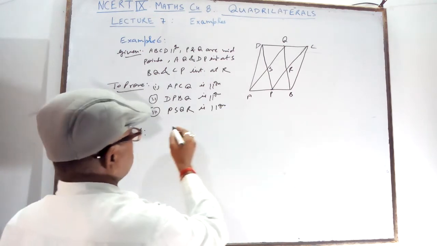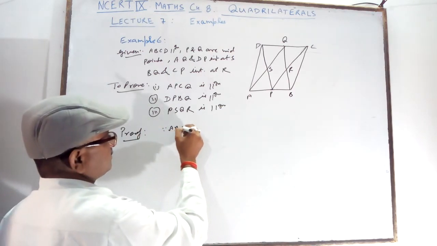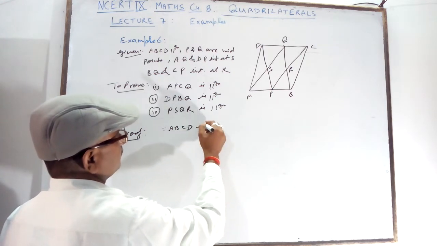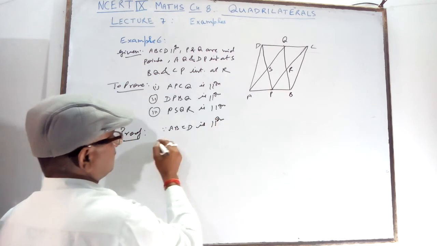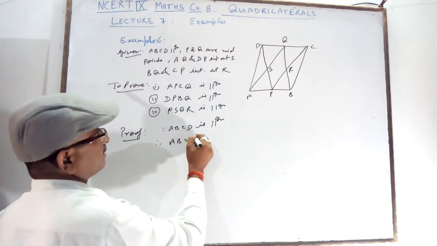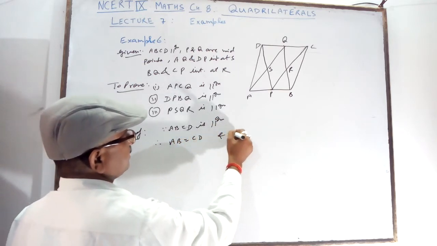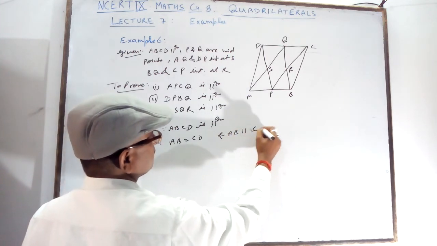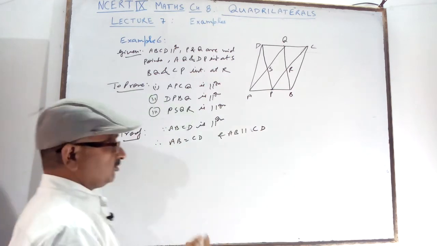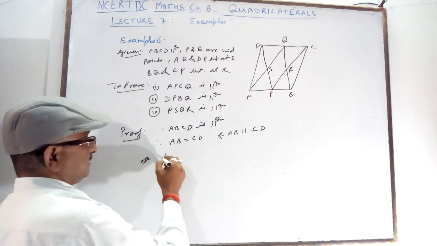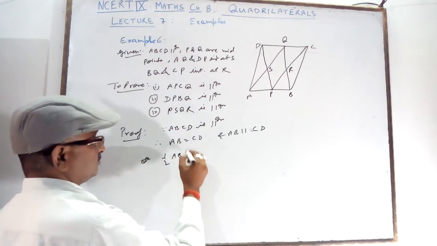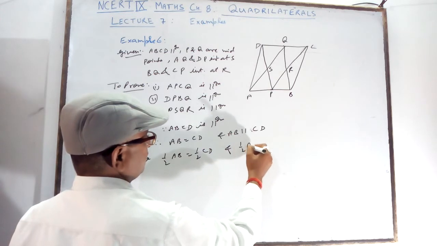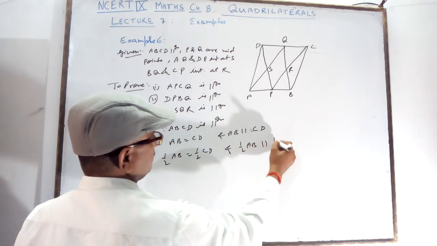Because ABCD is a parallelogram, therefore AB is equal to CD and AB is parallel to CD, opposite sides of a parallelogram. Or you can say half AB is equal and parallel to half CD.